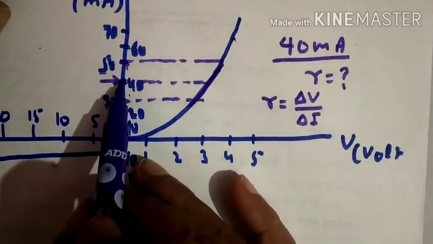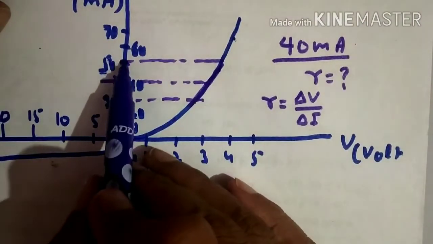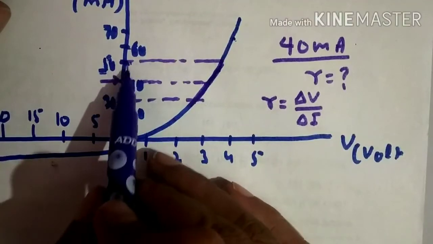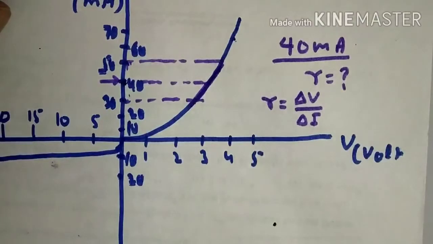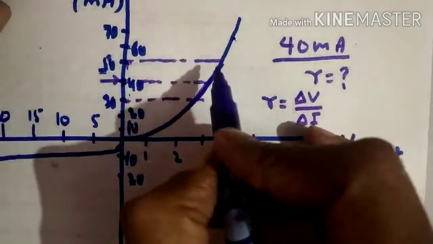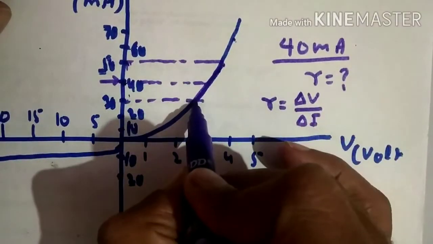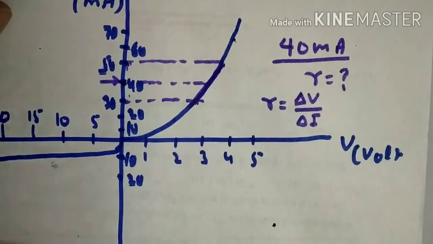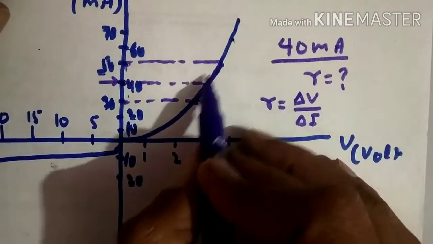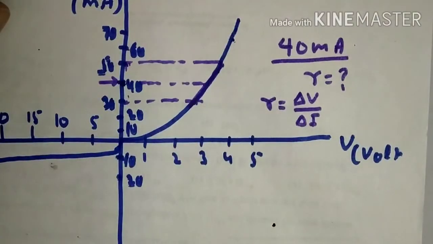Remember, I have taken equal space on both sides of the 40 milliampere point, 50 and 30. Now I am going to calculate the resistance for this much part of the graph.